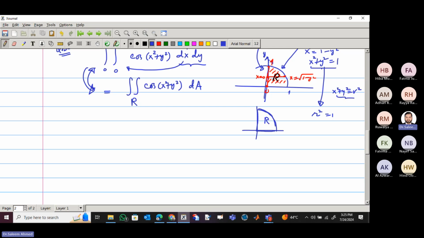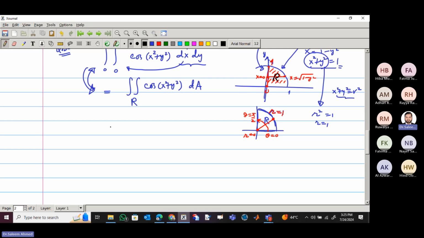So this becomes r equal to 1. So my circle equation is r equal to 1. Now my r starts from 0 to 1, because r starts from 0 and it goes to r equal to 1. And theta starts from here to here. So theta starts from 0 to the 90-degree angle. 90 degrees is pi by 2.